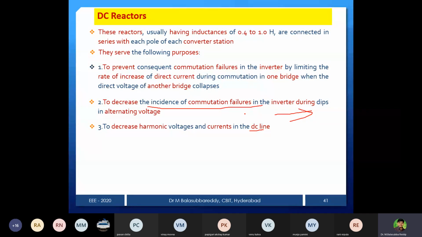I will explain the derivation and design from one of the research papers also, if possible. It is not in the syllabus, but it helps in understanding how to implement the single tuned and double tuned filters. The single tuned filter is just an RLC connected in series, and then we find the resonance frequency.